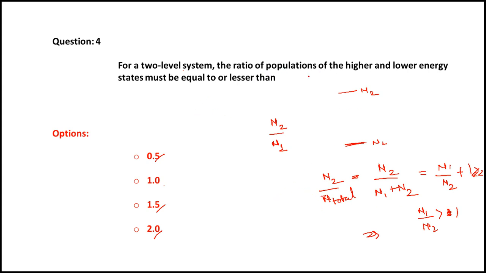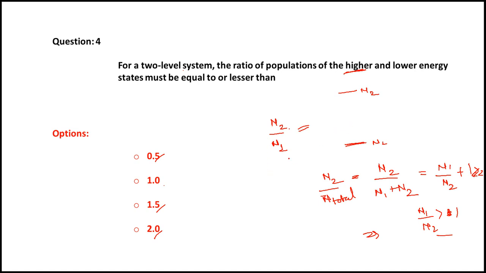For a two level system, the ratio of population of higher to lower, leaving all these things aside, the higher should be greater than the lower? No, N2 should be less than 1. In the ideal case it happens, but in the real system N2 is always less than N1.